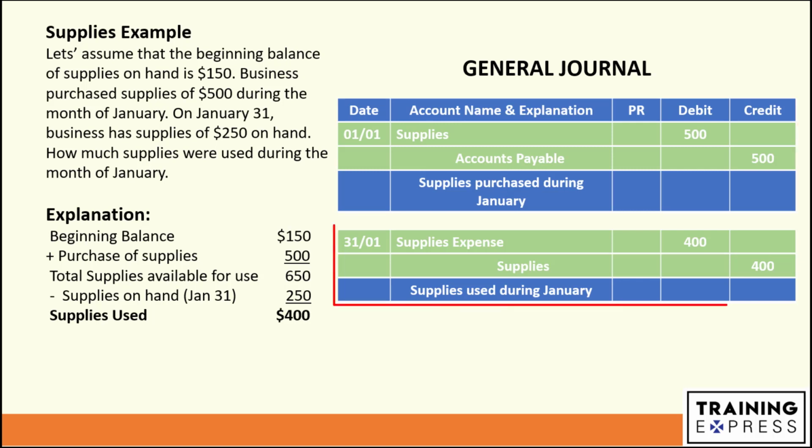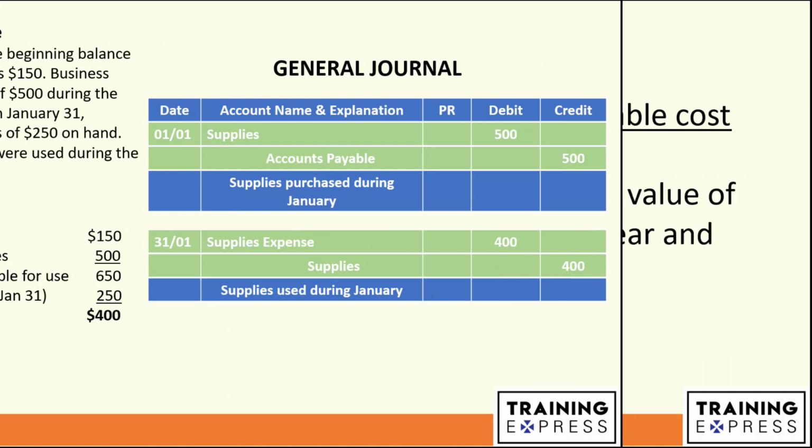And now on 31st of January, we will record our adjusting entry for the usage of supplies during the month of January. So we will debit supplies expense by $400 and we will credit supplies asset by $400.